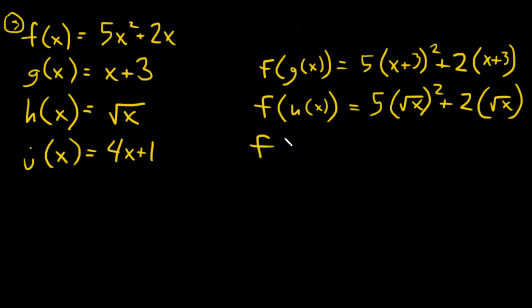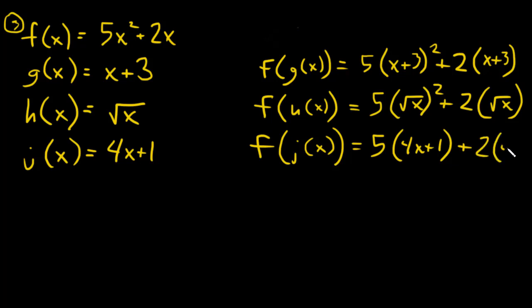Well, not finally, but for this little kind of excursion, f of j of x would equal what? Well, I'm going to take this 4x plus 1 and substitute it in for every x. So I'm going to get 5 times 4x plus 1 squared plus 2 times 4x plus 1. It's supposed to be a 1 there.